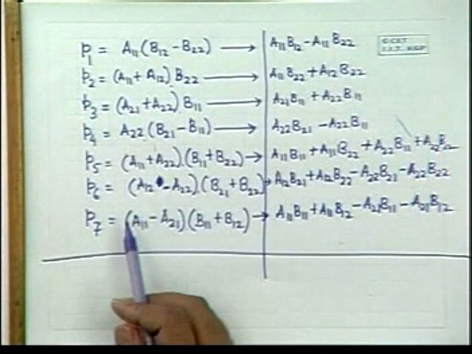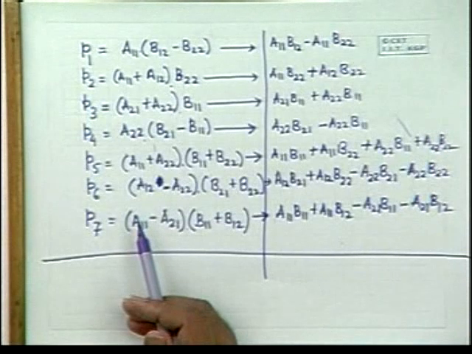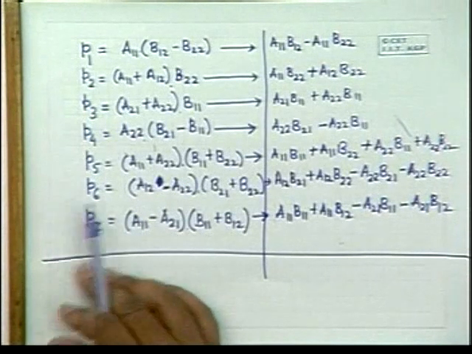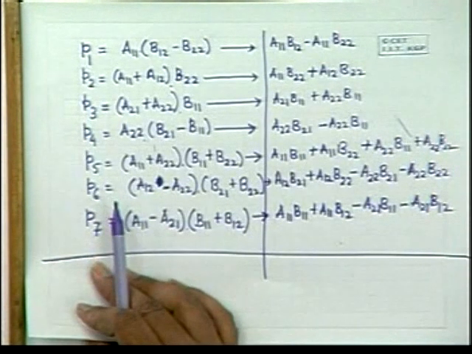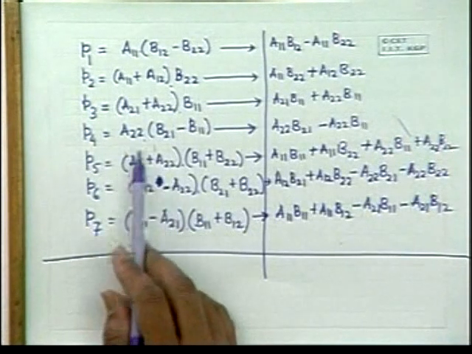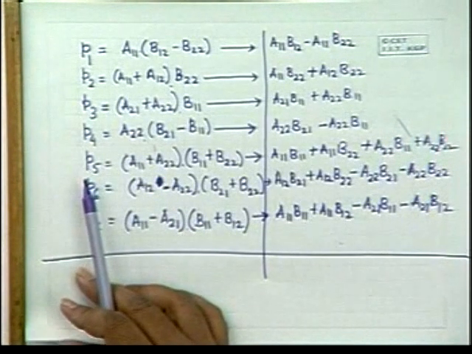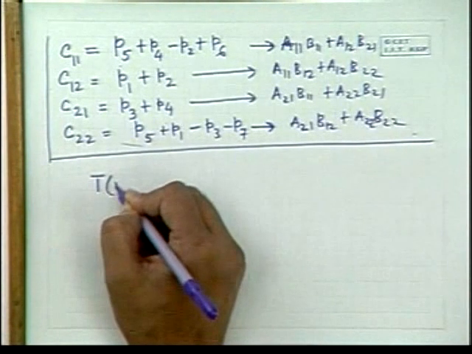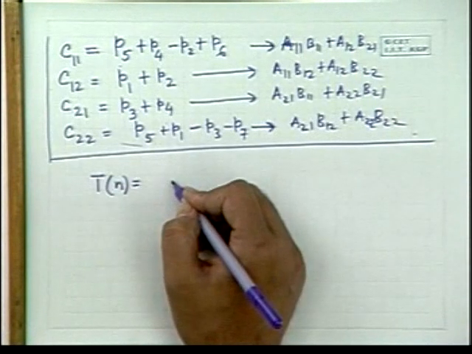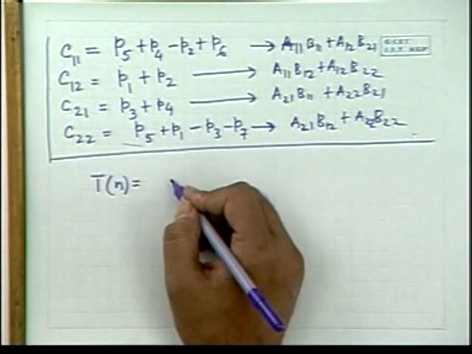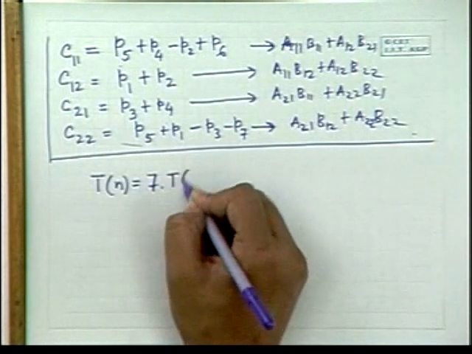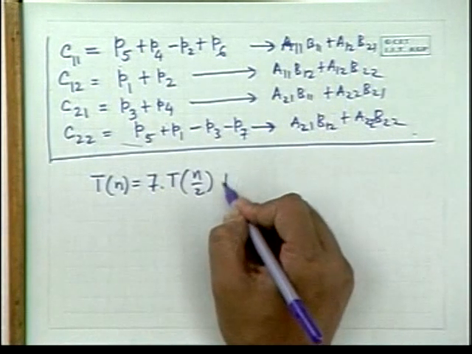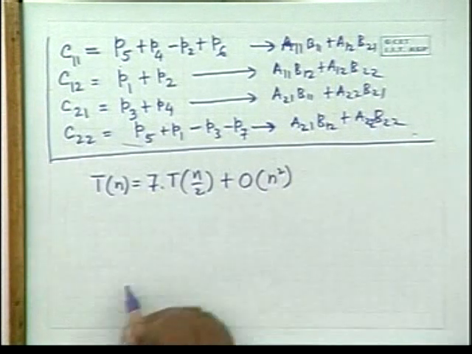We can afford order n square time. So we are using 7 matrix multiplications recursively, and of course there are some additions of the order of n square, and we are getting the entire matrix multiplication. So we can now write the recursive algorithm's complexity: T(n) is equal to, can you tell me what this is? 7 times T(n over 2) plus order of n square.